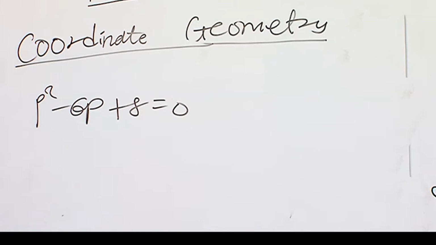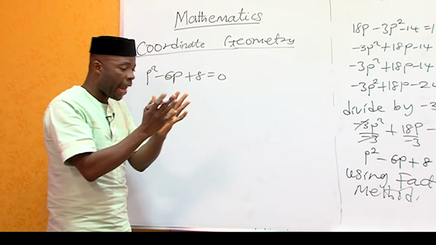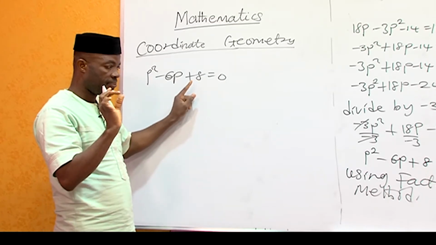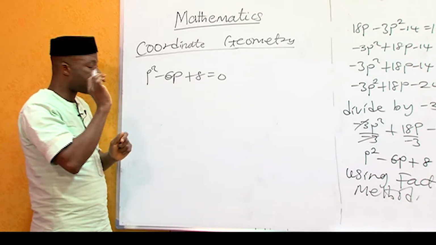In factorization method, you think of two numbers that, when you multiply together, give you 8, and when you add them up, give you minus 6.